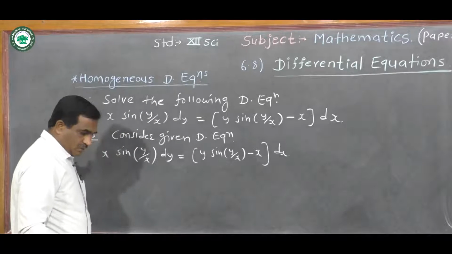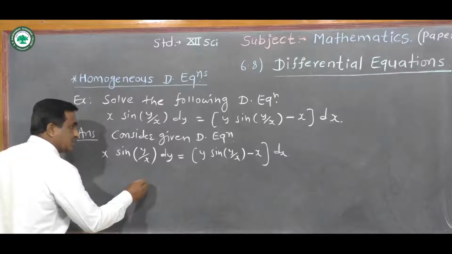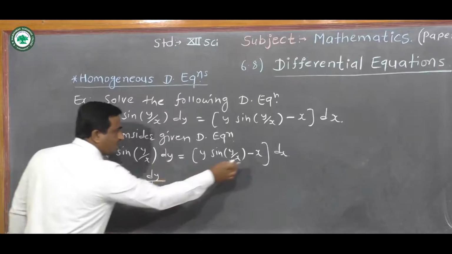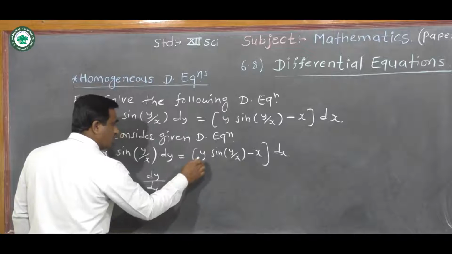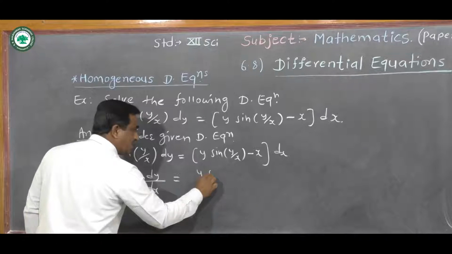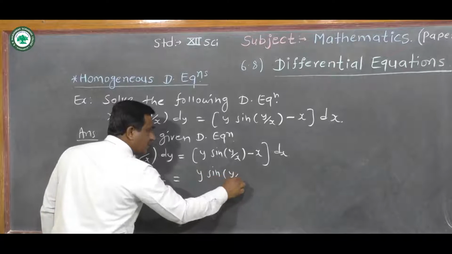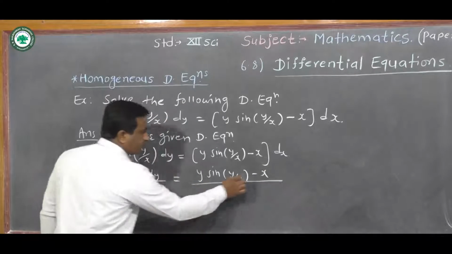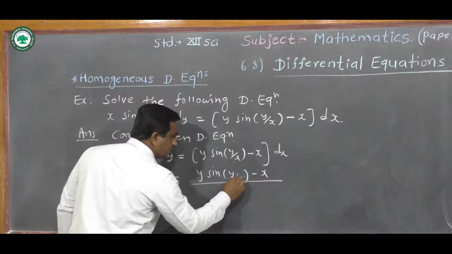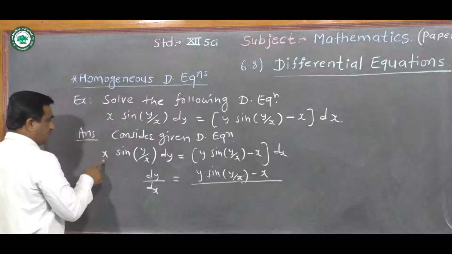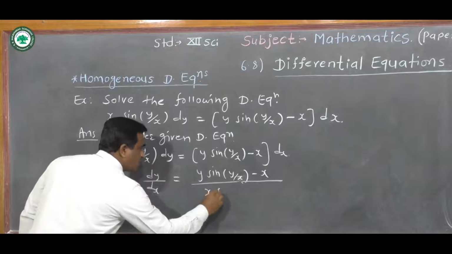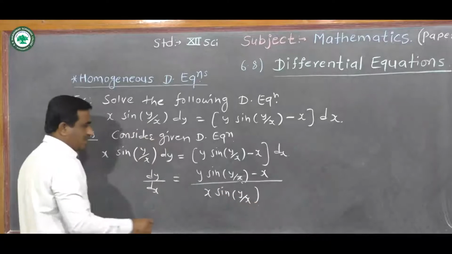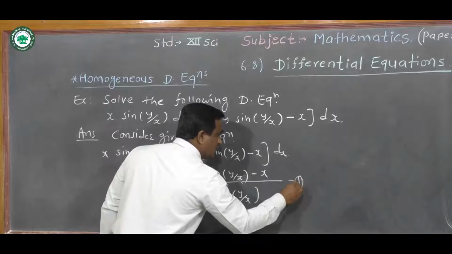Now first we write dy by dx is equal to, keep this term as it is, y into sine of y by x minus x upon x into sine of y by x. Say this is equation number 1.